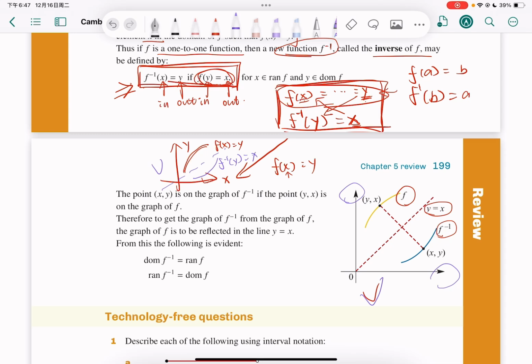If you define the normal function f(x) is equal to y first, then the input x should be appearing as the output in your inverse function. Okay, maybe it's easier to give an example. If we have f(x) equal to 2x, so y is equal to 2x, then our inverse f inverse of y should be x. So f inverse of 2x should be x.